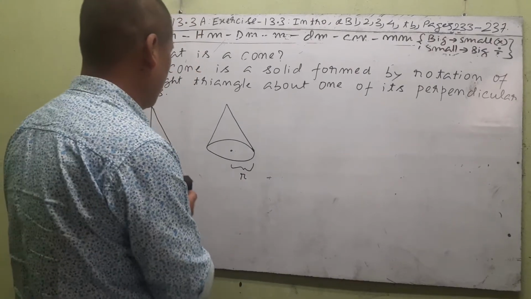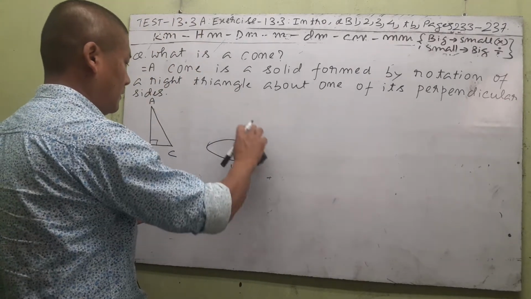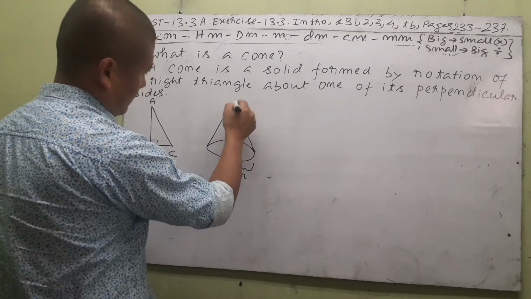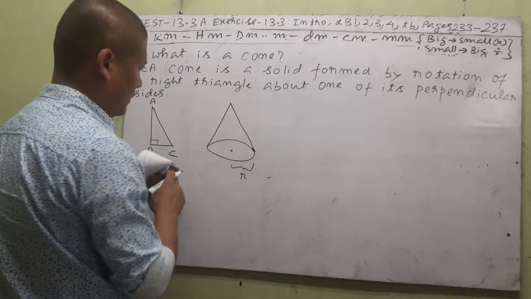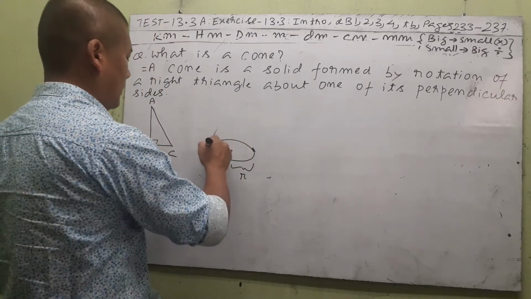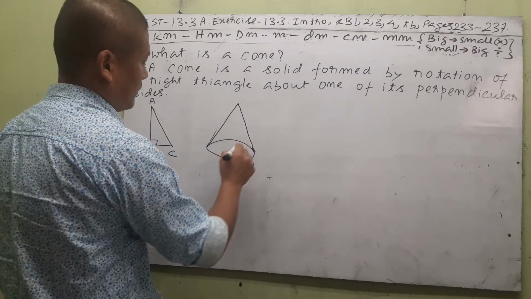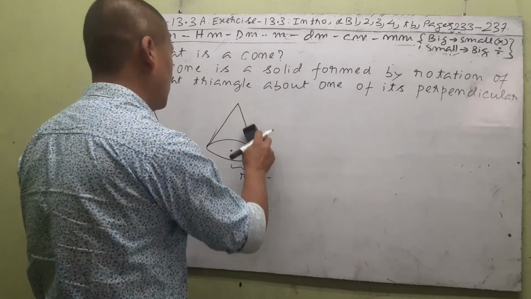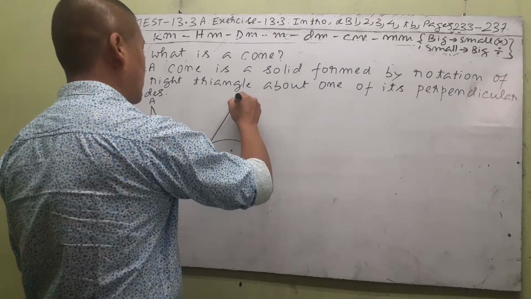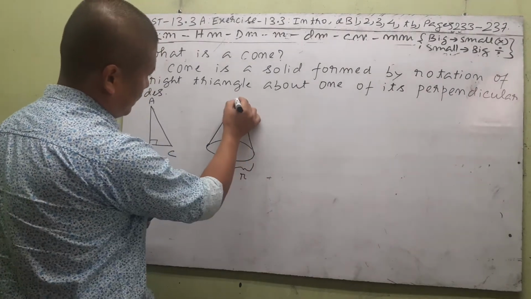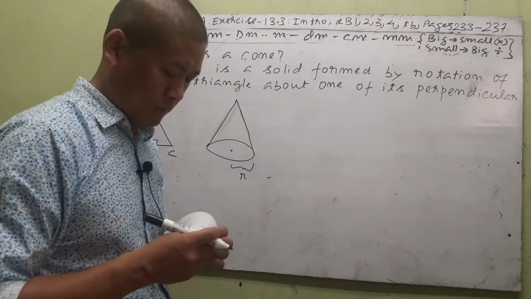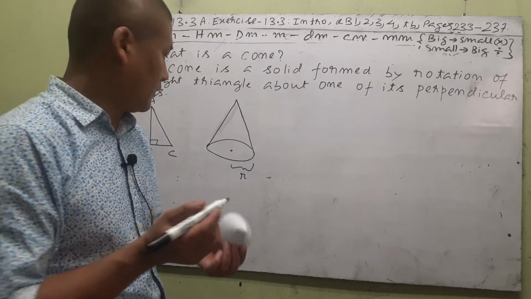Then if we join here, the sharp point in this solid figure cone, the sharp point here, this sharp point is called the vertex of the cone.